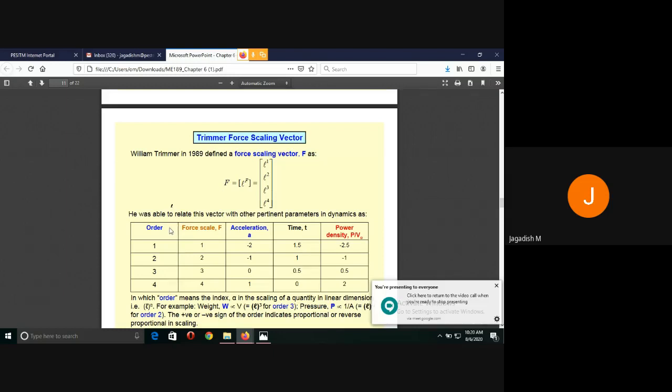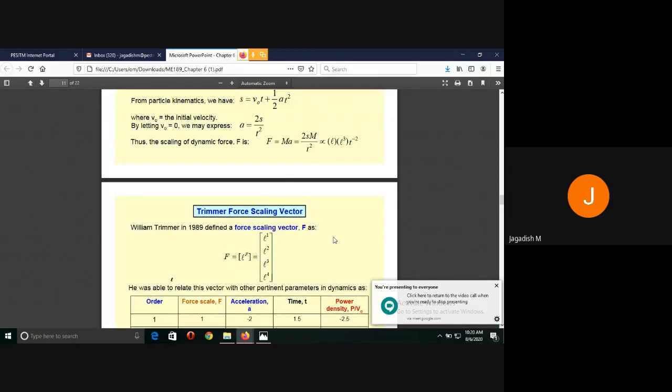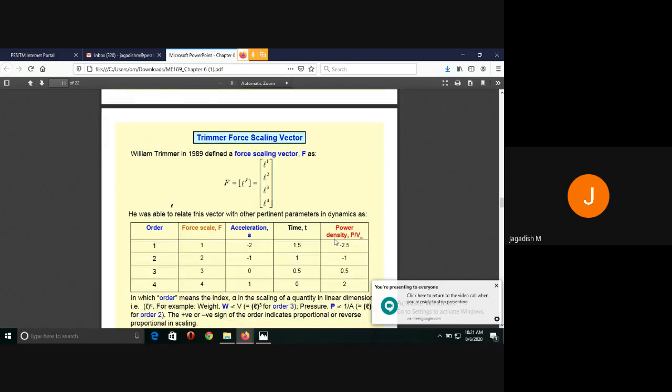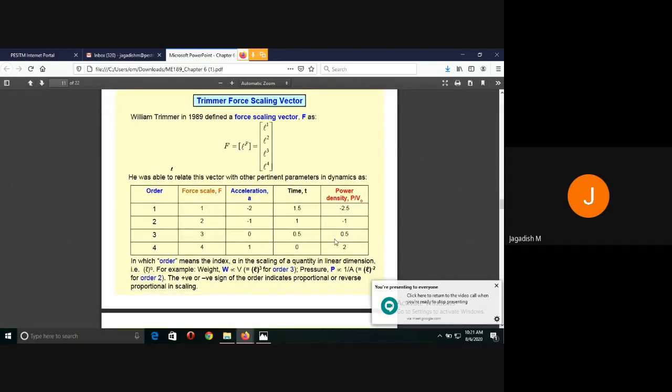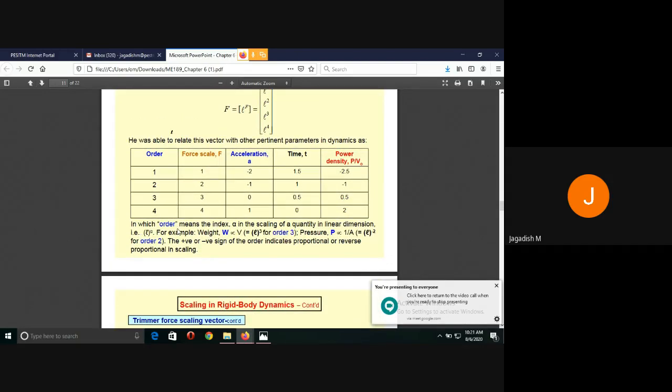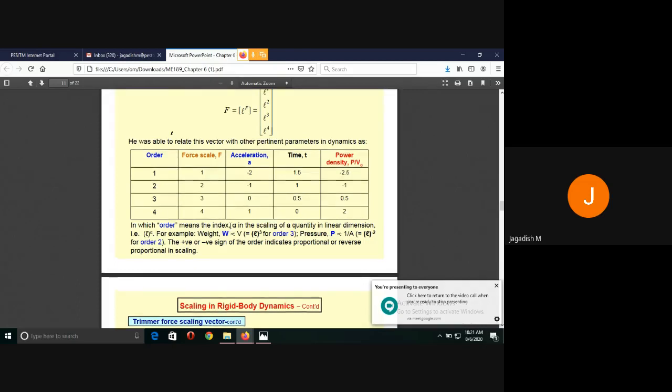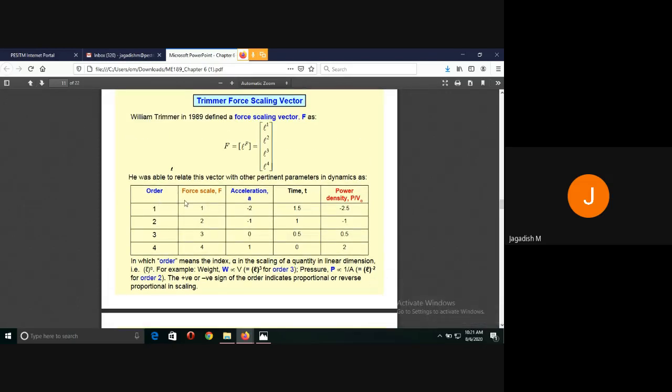Here we have the order, force scale, acceleration, time, and power density. Here, order means the index. Remember this, the order means the index. Alpha in the scaling quantity is the linear dimension, that is L to the power alpha.